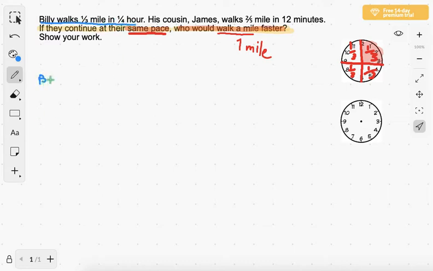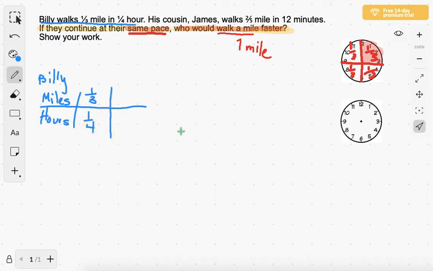So we're going to set up Billy, and we're going to have miles up here in our ratio and hours here in our ratio. Here's 1/3 and here is 1/4.